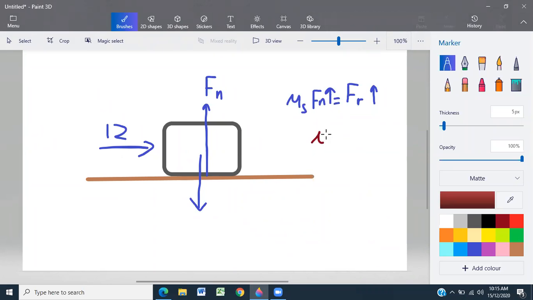The coefficient of friction is equal to the frictional force divided by the normal force, which we know is the same as the weight. So the coefficient of friction is the ratio of the horizontal force needed to move the object divided by the weight or the normal force. Good. So let's tackle number 1.